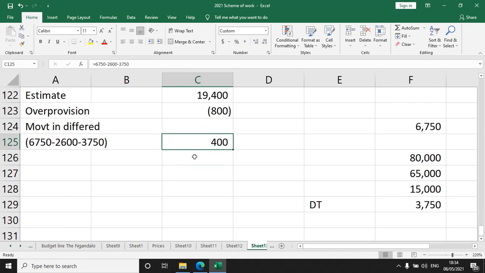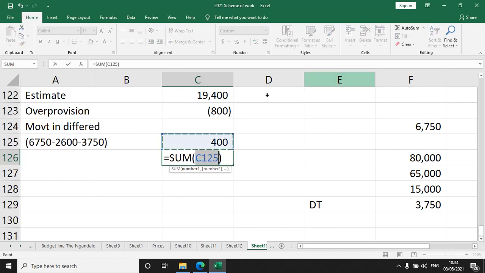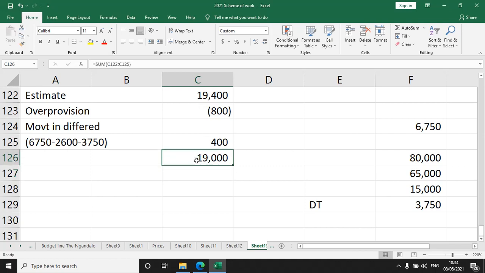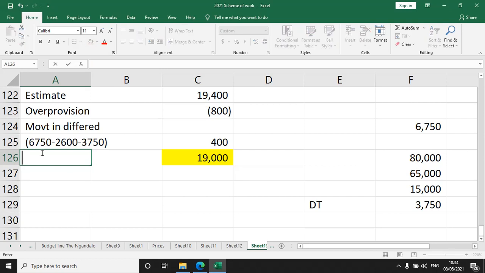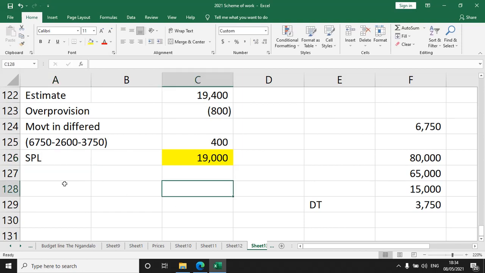Great. So that is still an increase in deferred tax, so that our tax obligation will be 19,000. This is what I want to see in the profit or loss. We need not forget that the 3,750 must be dealt with in OCI.